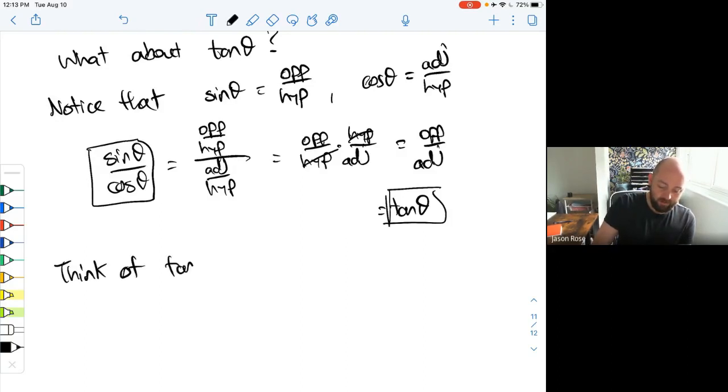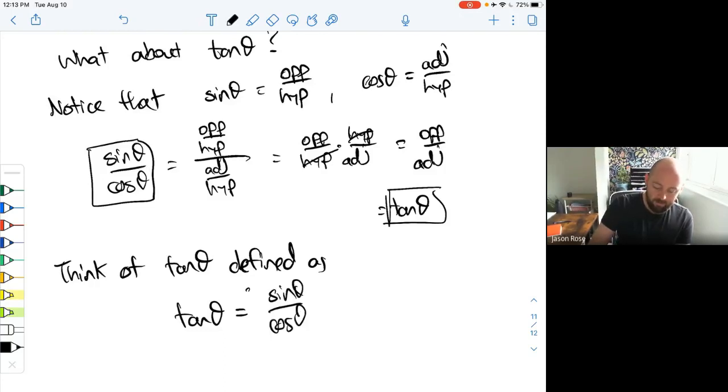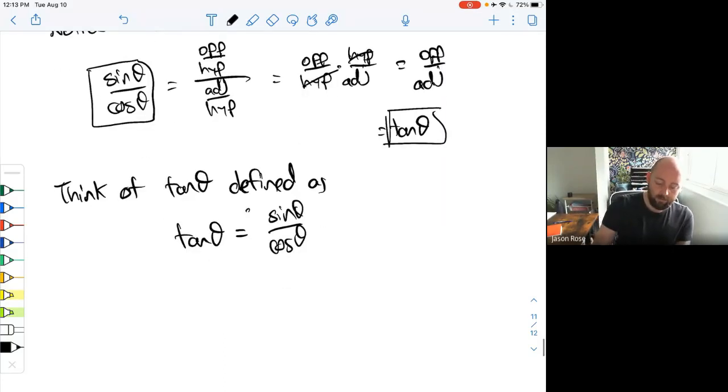Think of tan theta defined as sine over cosine from now on, rather than opposite over adjacent.